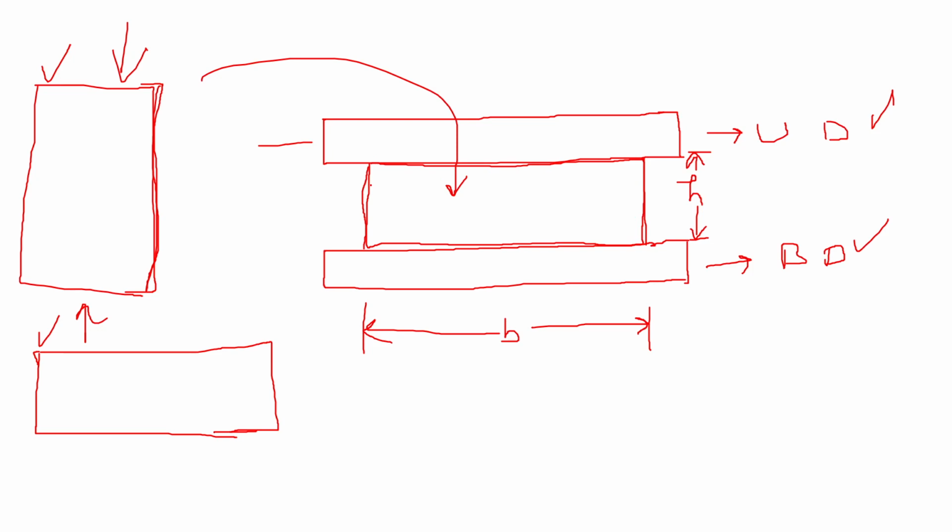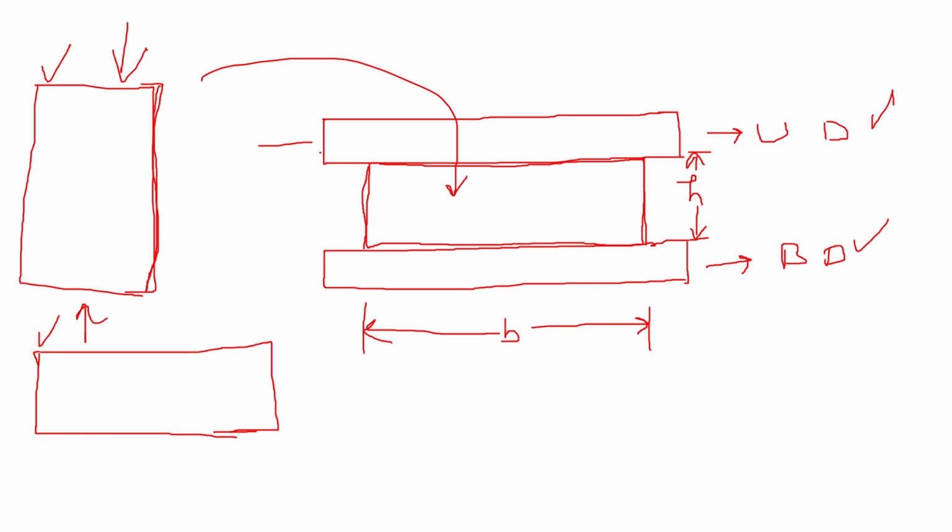The maximum force required to perform the upsetting operation can be obtained using the slab method. So we will be discussing how we evaluate the force requirement or the pressure distribution between these two flat surfaces.